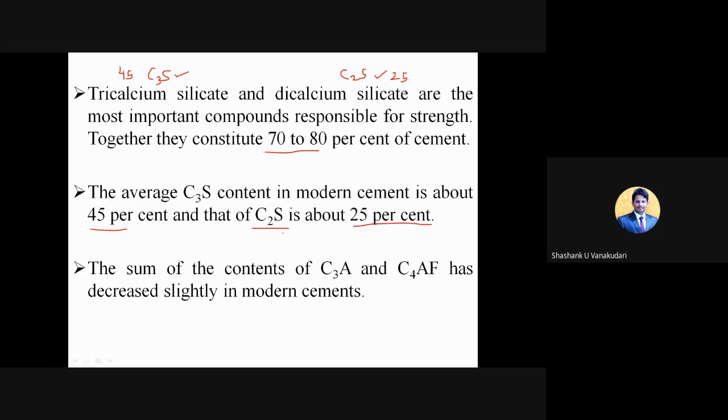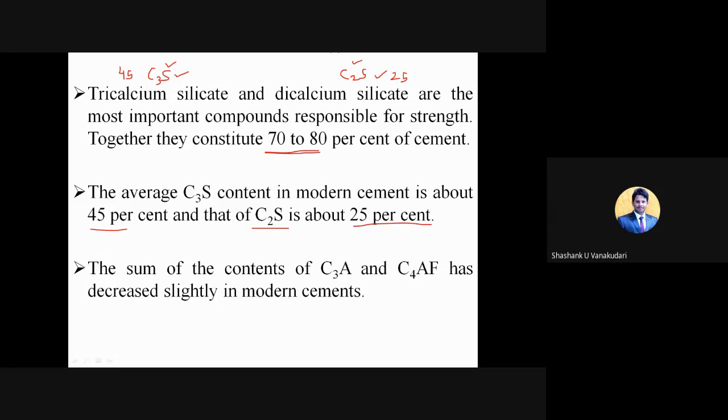And the remaining 30% is divided between tricalcium aluminate and tetracalcium aluminoferrite. The sum of the contents of C3A and C4AF has decreased slightly in modern cements. In earlier times they used C3S and C2S in a lower content, like 50 to 60%. To get larger strength, they have since added a larger percentage of these two, tricalcium silicate and dicalcium silicate.